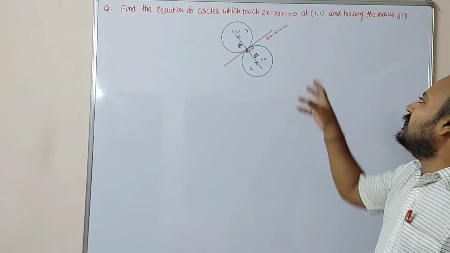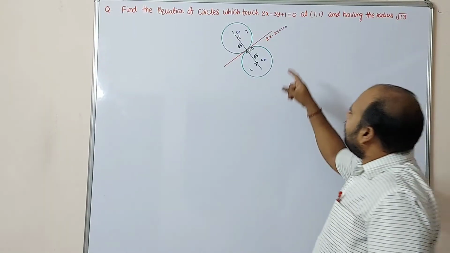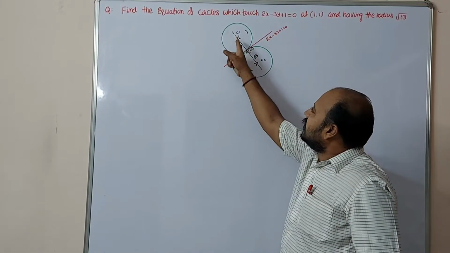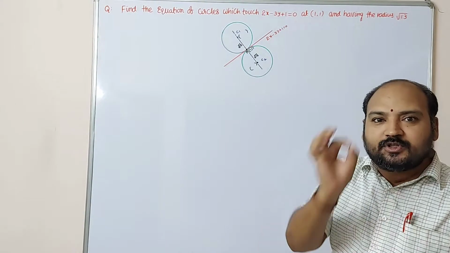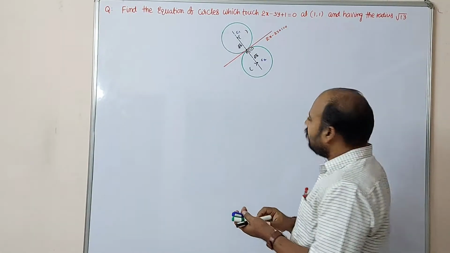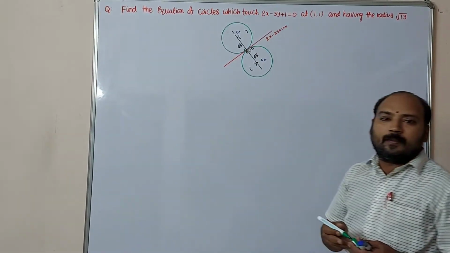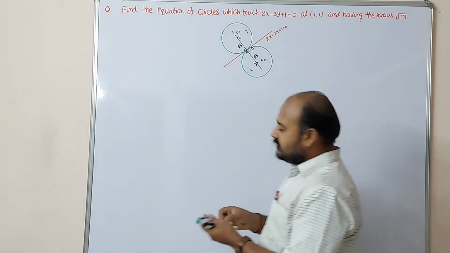So how to get these centers? By using the given data. Observe carefully, the line of centers C1 C2 is absolutely perpendicular to the given line. Both are perpendicular.